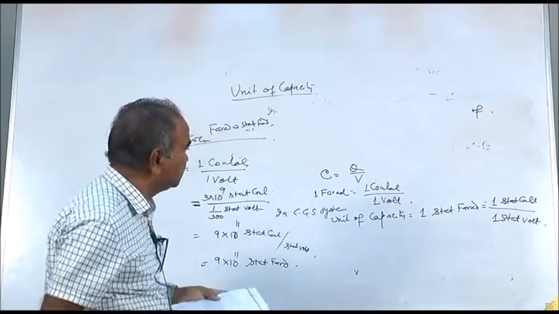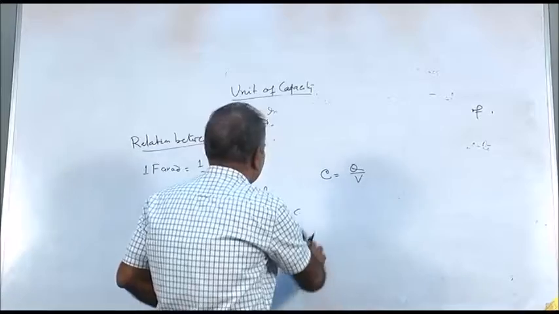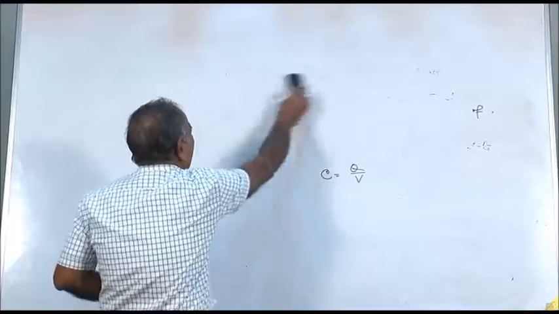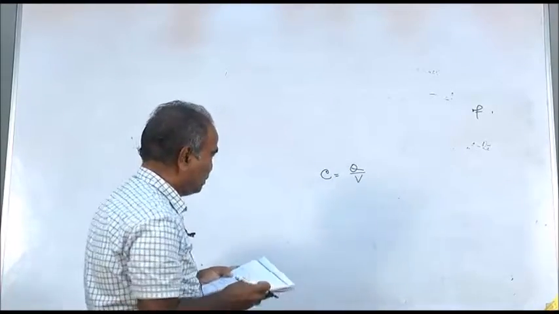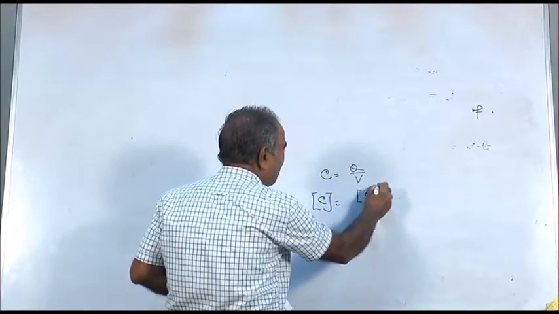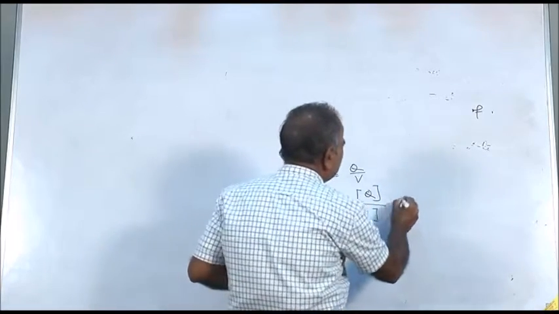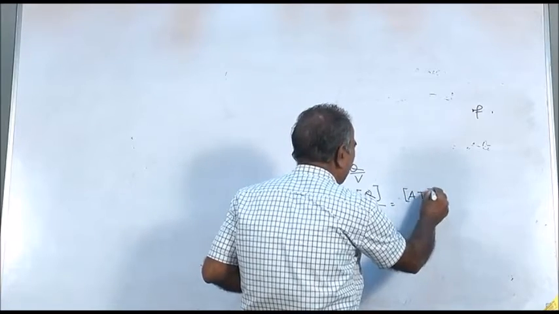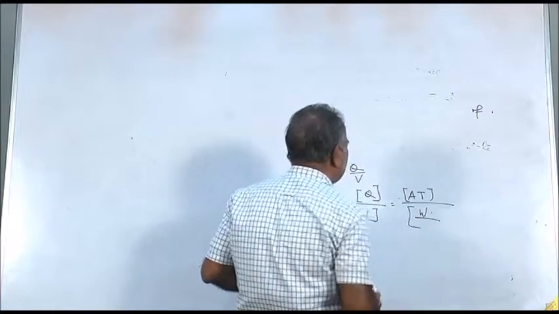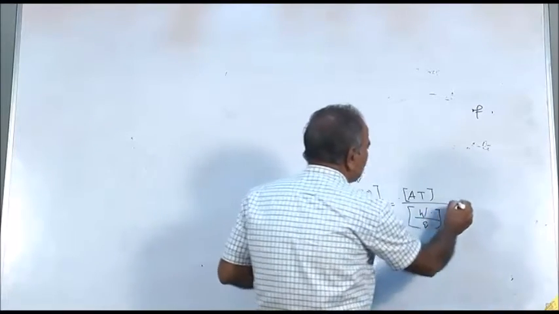The dimension of capacity. C is equal to Q by V, so the dimension of C will be equal to the dimension of Q by the dimension of V. The dimension of Q, charge, is AT, and the dimension of V is work by charge.